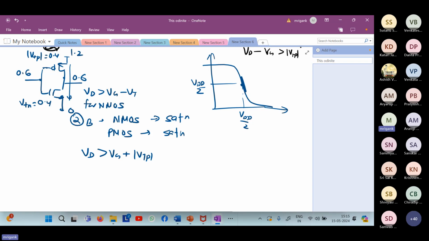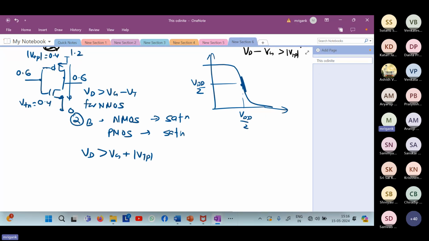So the question is, how do we bias it to operate as an amplifier in this condition? There are many practical circuits in which the inverter in this particular configuration, where V in is equal to V out, is used as an amplifier because you are in the high gain region.